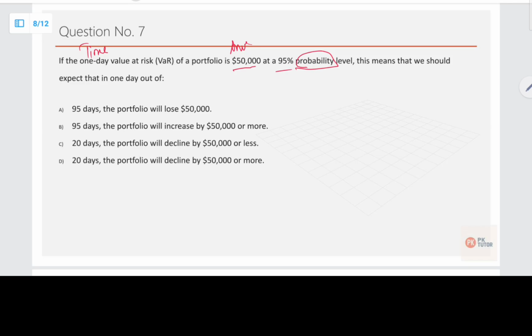So that means there is a 5% chance of loss of $50,000 or more.